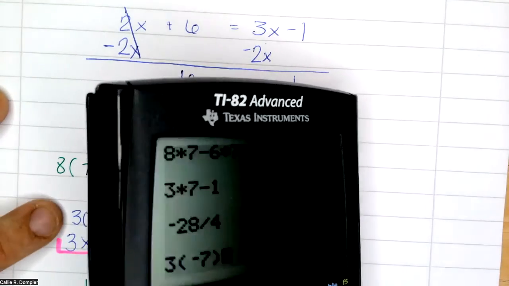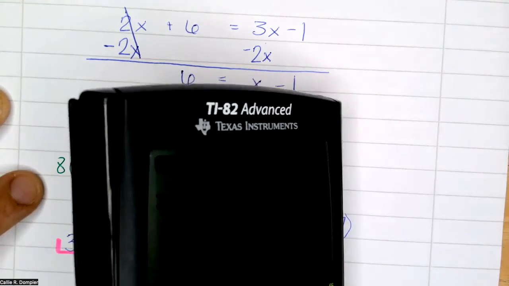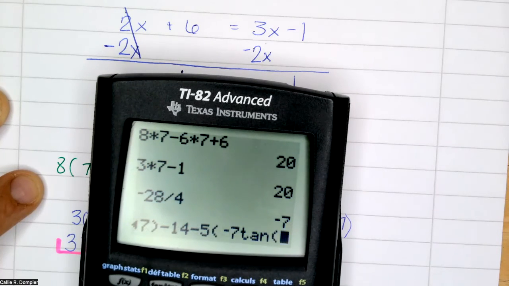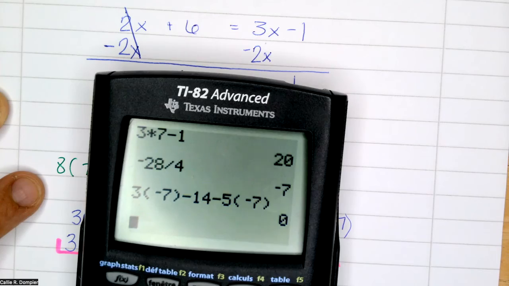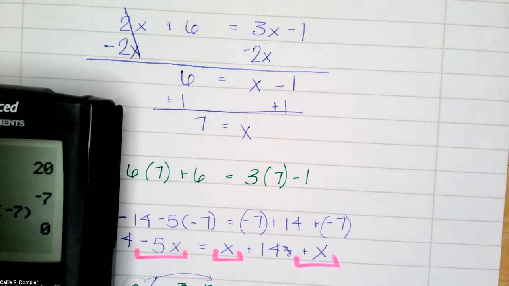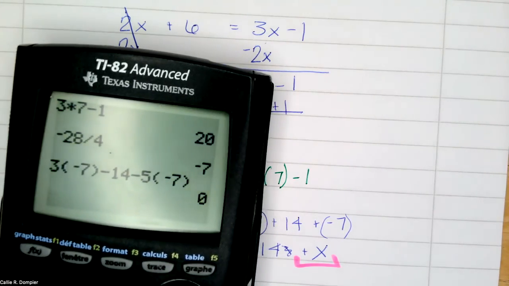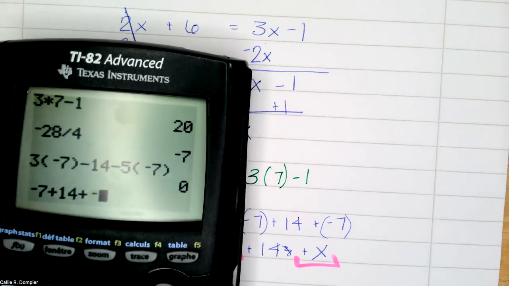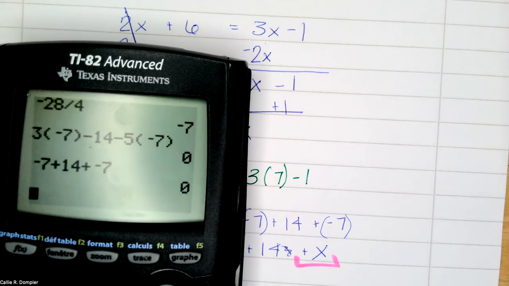Three times negative 7 minus 14 minus 5 times negative 7 is 0. And over here, negative 7 plus 14 plus negative 7 is also 0. So those do work out.